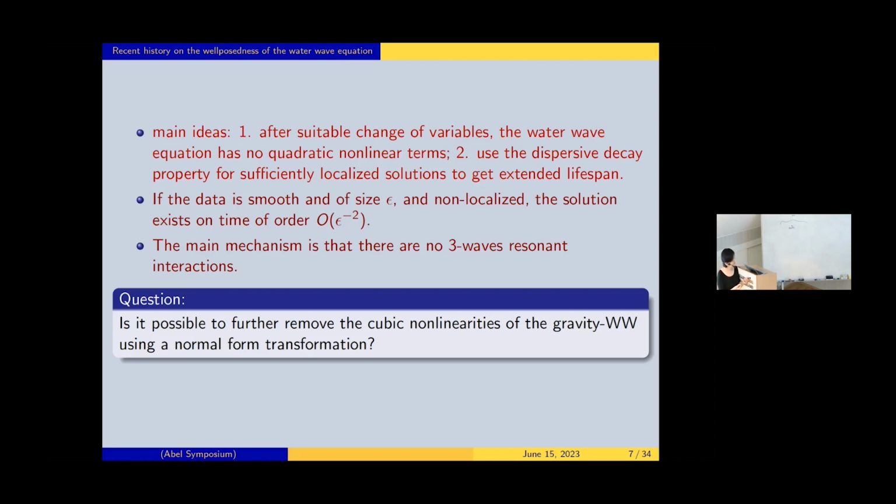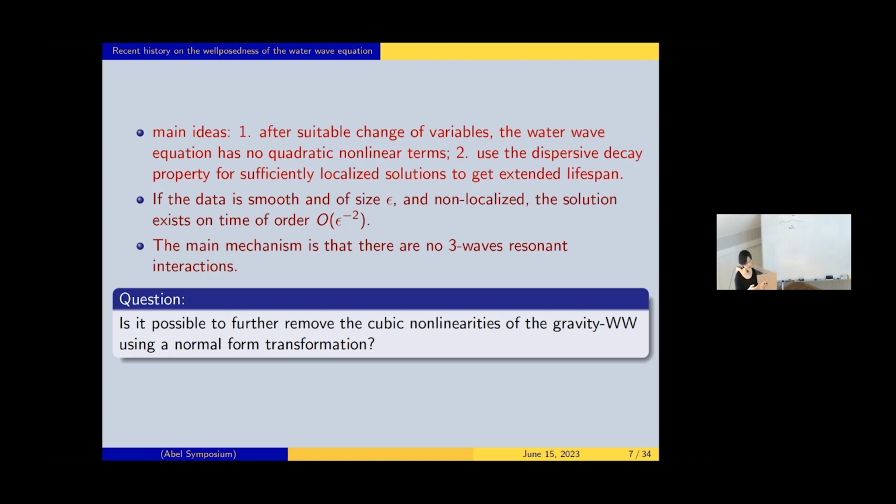But if there's no quadratic nonlinear term, then you can solve for time 1 over epsilon squared, okay? But now if we further use this dispersive decay property of sufficiently localized solutions, then we can get extended lifespan. So for the 2D water wave, this is e to the 1 over epsilon.